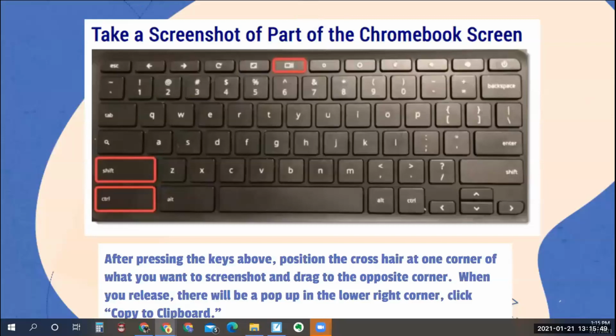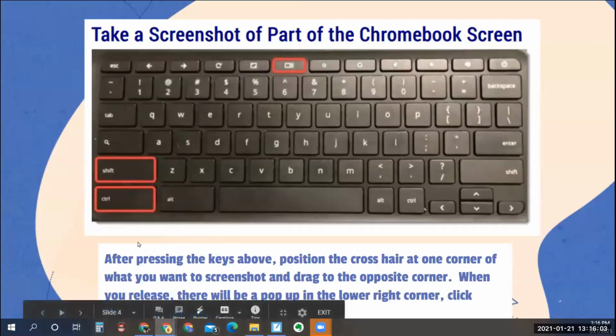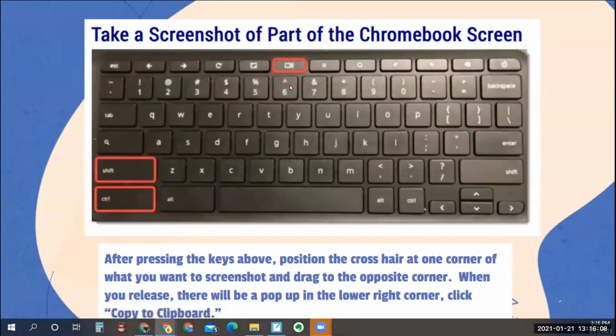But here's our screenshot stuff. Just a reminder, or for those who are new, if you haven't ever done this, this is specifically for the Chromebook. Assuming that we're working on Chromebooks, you can take a screenshot of the entire screen with only 2 buttons, the control and what we call the app switcher button, that button right above number 6. Control, the app switcher button, will take a screenshot of the entire screen.